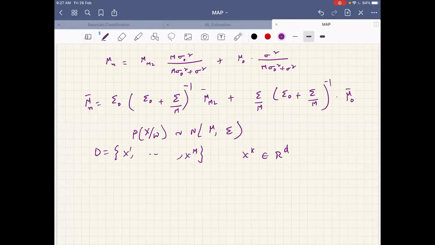The likelihood of these samples is modeled as P of X given omega, normal with mean mu and covariance matrix sigma. I assume the covariance matrix sigma is given, and mu is to be estimated. This is the question posed.